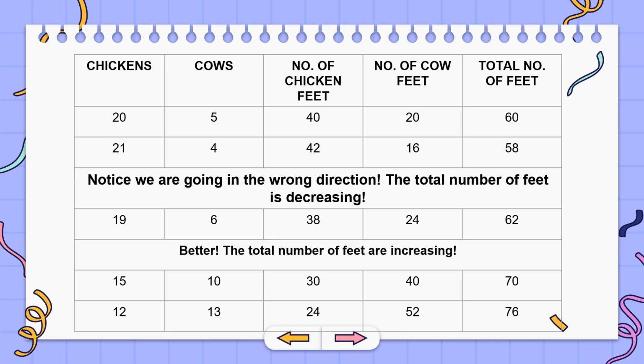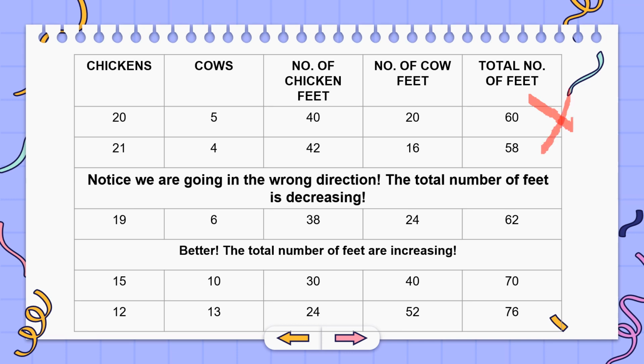We will assume that there are 20 chickens and 5 cows. And the goal is to meet 76 feet. So, 20 times 2, the number of feet of the chicken, is 40. Then 5 times 4, the number of feet of the cow, is 20. Total of 60.